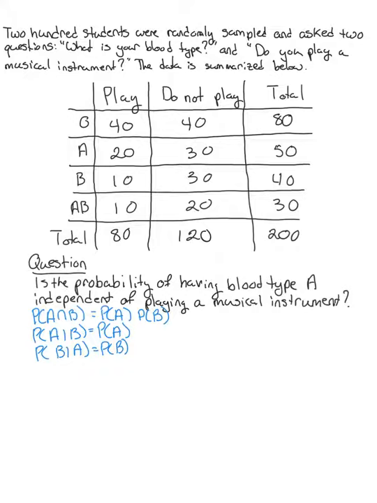Independence means that if we're told this additional information, it doesn't change anything about the probability of B. So we can use these different definitions to figure out independence.